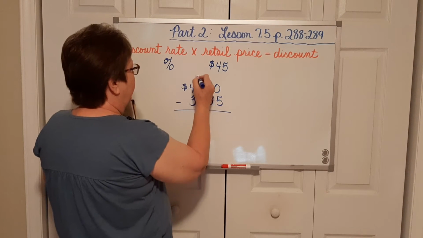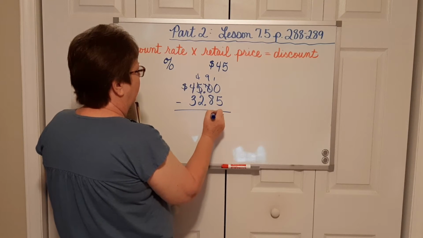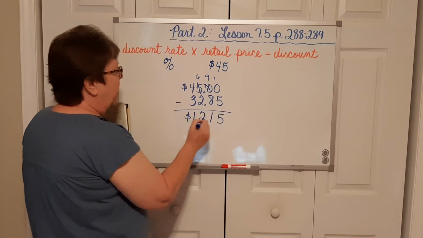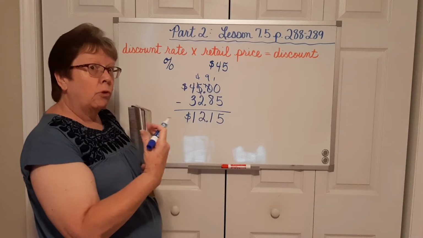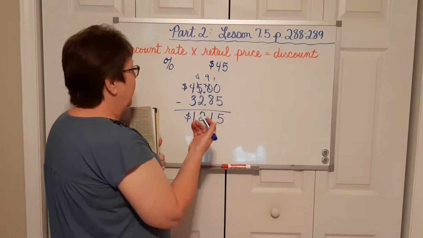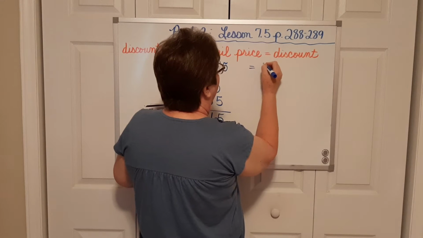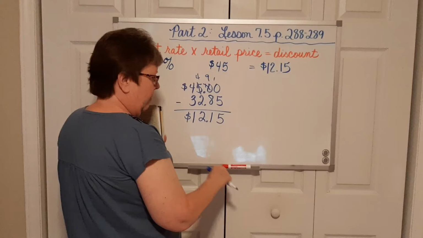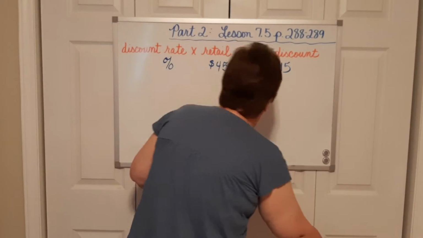So we're going to have to borrow. So the difference is $12.15. That was her discount. Now we're going to find our percent.